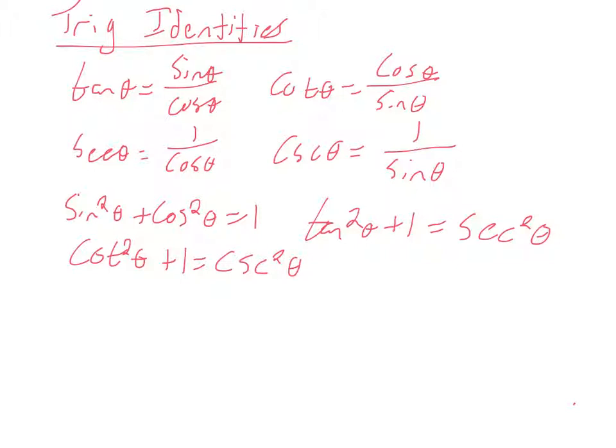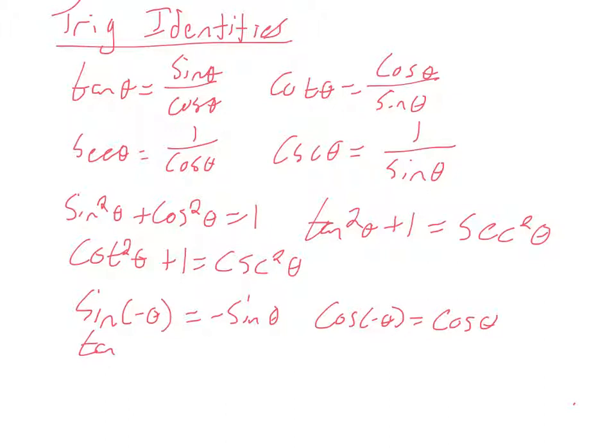And then the last ones are the even-odd identities. Sine is an odd function, so sine of negative theta equals negative sine theta. Cosine is even, so cosine of negative theta equals cosine theta. Tangent is odd, so tangent of negative theta equals negative tan theta. Secant is the reciprocal of cosine, so it's also even, just like cosine.